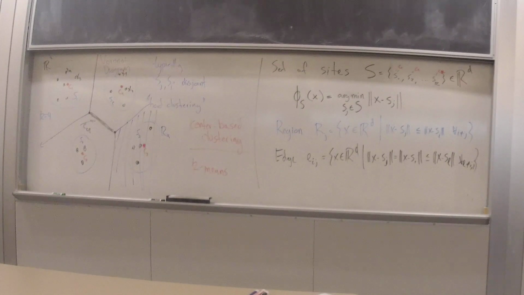And this bisector is going to be a line, because I can decompose this, using the Pythagorean theorem, into the length of the projection onto the line and the lateral movement along it, right? The squared distance is the sum of these two squared distances.